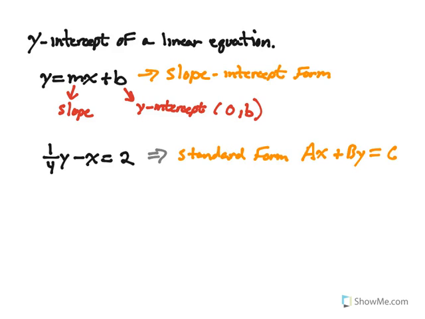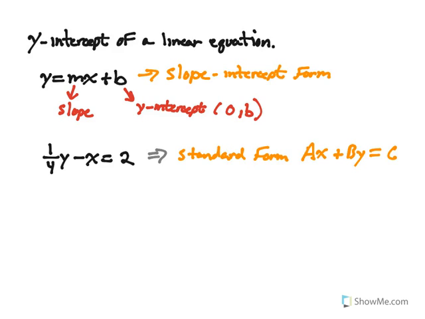So we're going to convert that standard form to slope-intercept form. That just takes a little algebra. It's basically solving for y, getting y by itself, rearranging the equation using some basic algebra skills. Remember, we want to get y by itself.